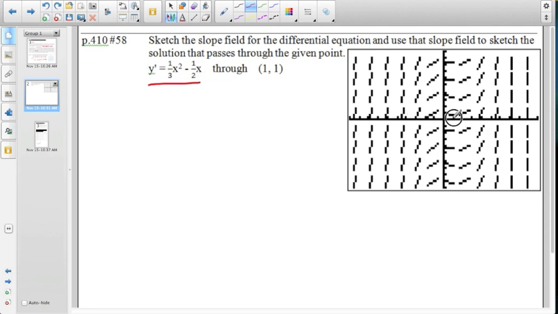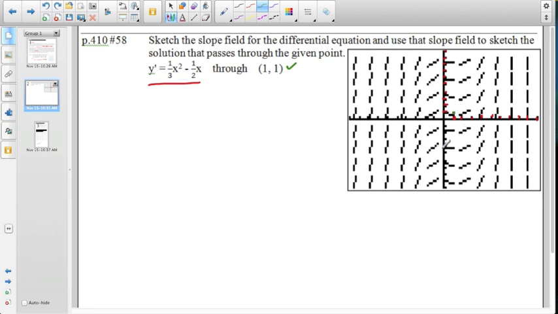If we identify the tick marks here, the window is 10 by 10, so it's a standard graph window for a TI-84 or something. We're talking about sketching the solution through the point (1, 1). So that point is about this location here.